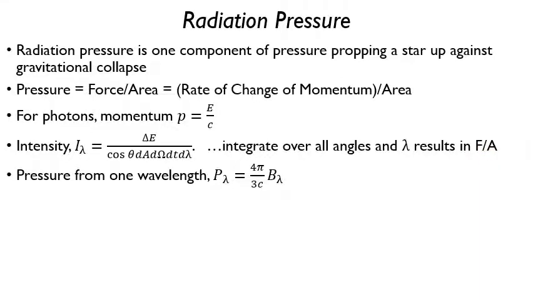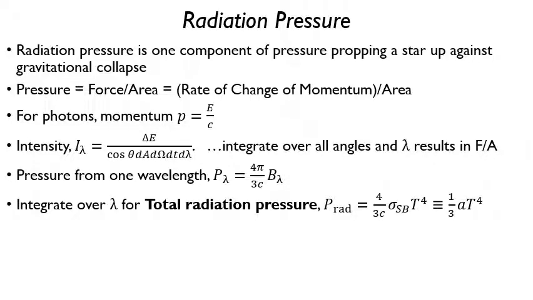So the pressure from a single wavelength, you can again find this in the book. The pressure of a given wavelength is just directly proportional to your Blackbody spectrum at a given wavelength. So the pressure is just 4 pi over 3c times the Blackbody at one wavelength, and obviously this is for a fixed temperature as well. Then, at our fixed temperature, if we integrate over all wavelengths, that gives us the total radiation pressure.